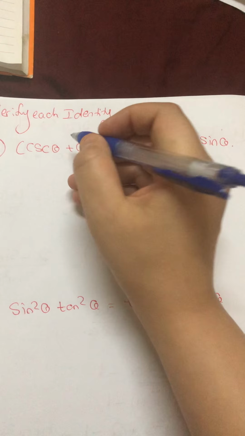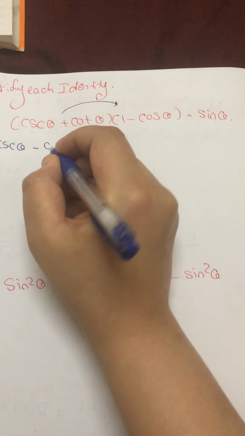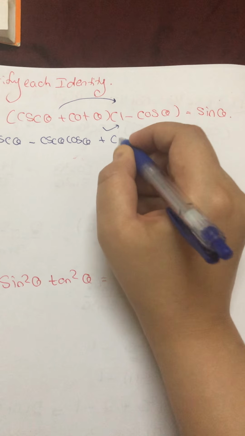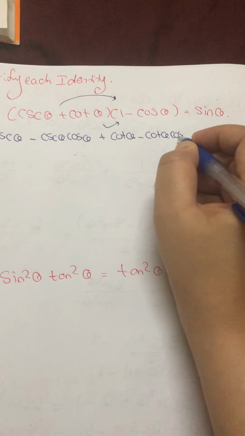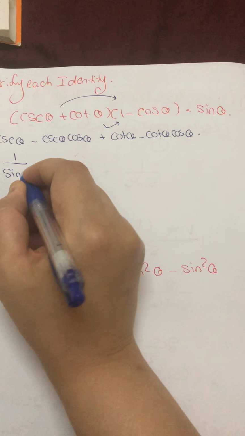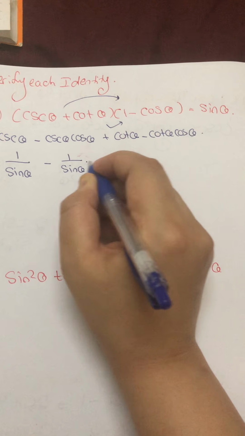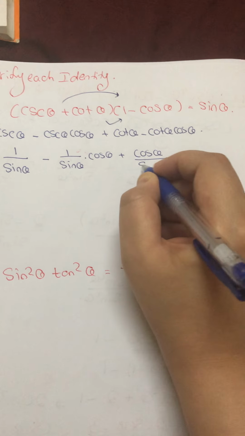I started by distributing. Over here I got cosec theta minus cosec theta cosine theta plus cotan theta minus cotan theta cosine theta. This is a reciprocal identity: minus 1 over sine theta times cosine theta plus cosine theta over sine theta.